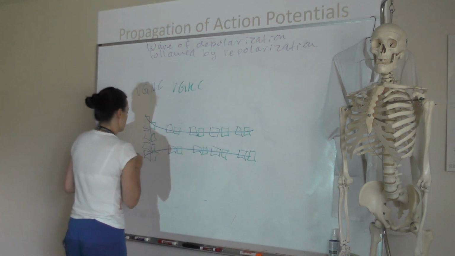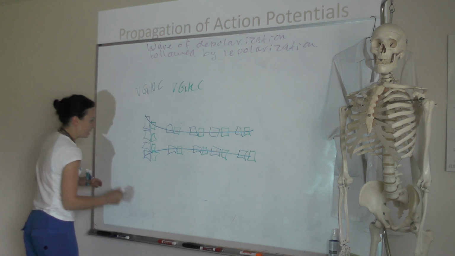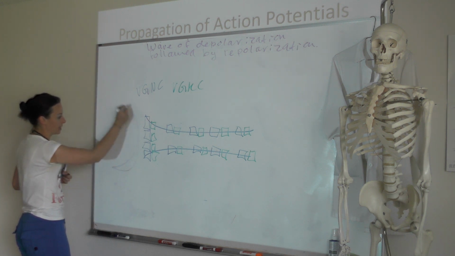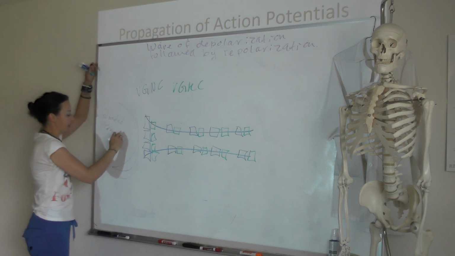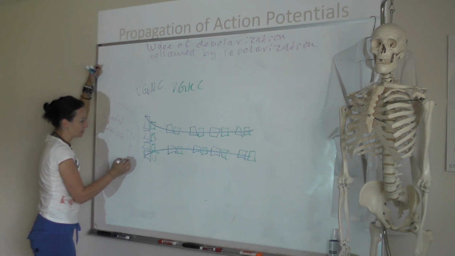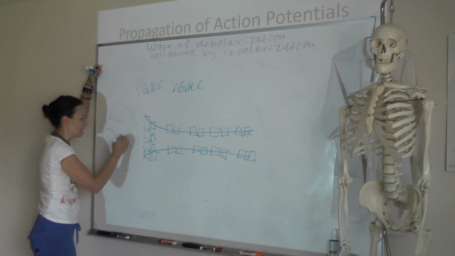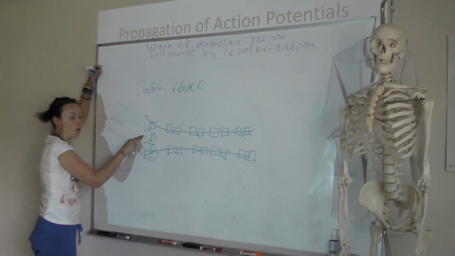So what happens here in the receptive segment is I'm going to sum up all of my graded potentials. And if I get enough excitatory graded potentials, an influx of positive charge that gets me from -70 to the threshold for my voltage-gated sodium channels, then these are going to open, and sodium's going to dump into this cell.